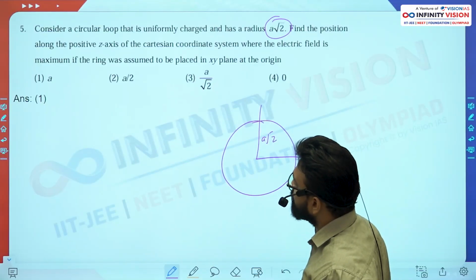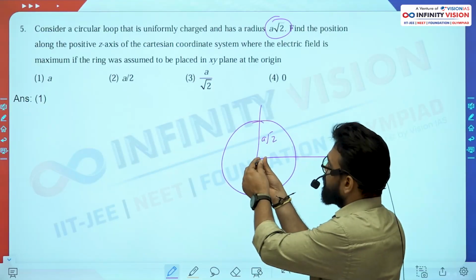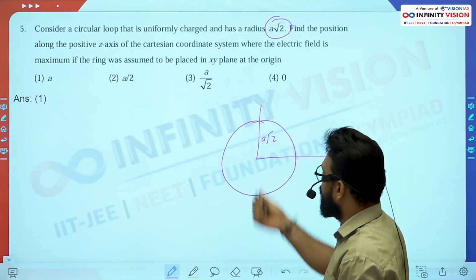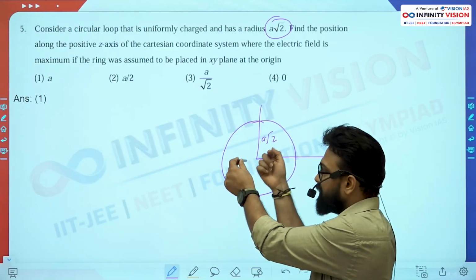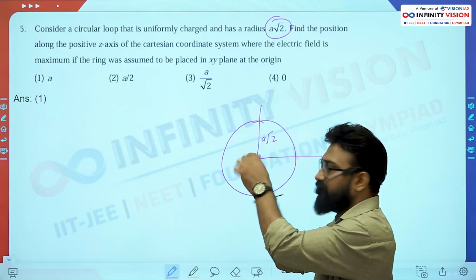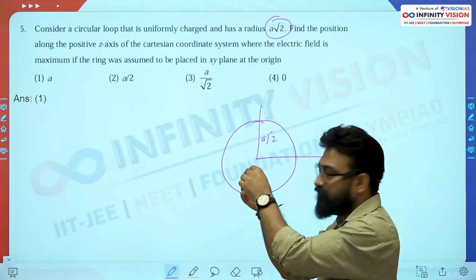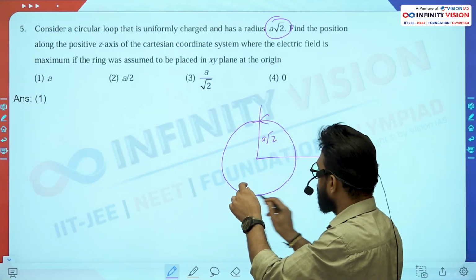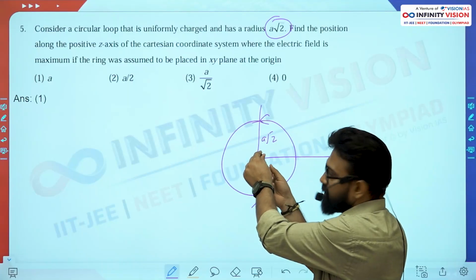Okay, consider a circular loop having this radius. So along the Cartesian coordinate, along the z-axis, where would the electric field be maximum? So this electric field over here would be at an axial point of this charged loop.